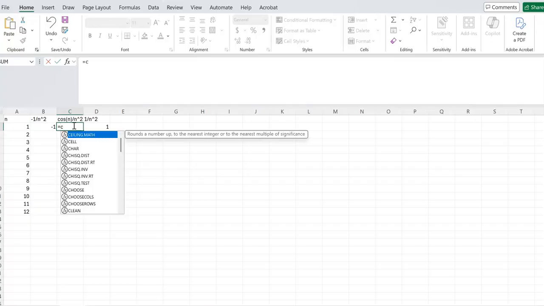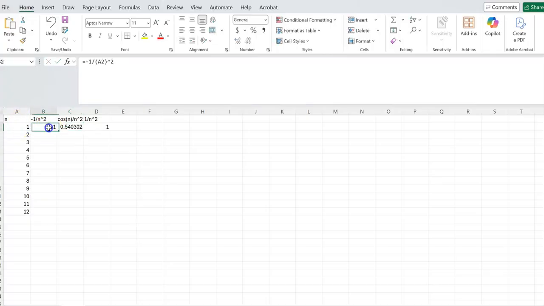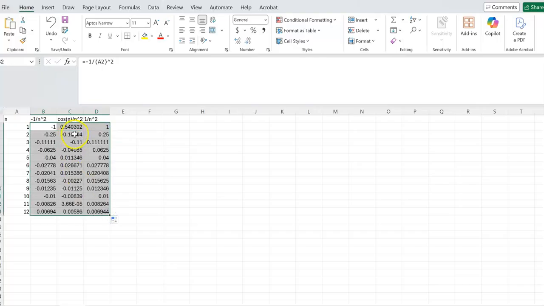And this is going to be equal to cosine of n divided by n squared. So you can see how this value lives between that lower bound and that upper bound for all of these.